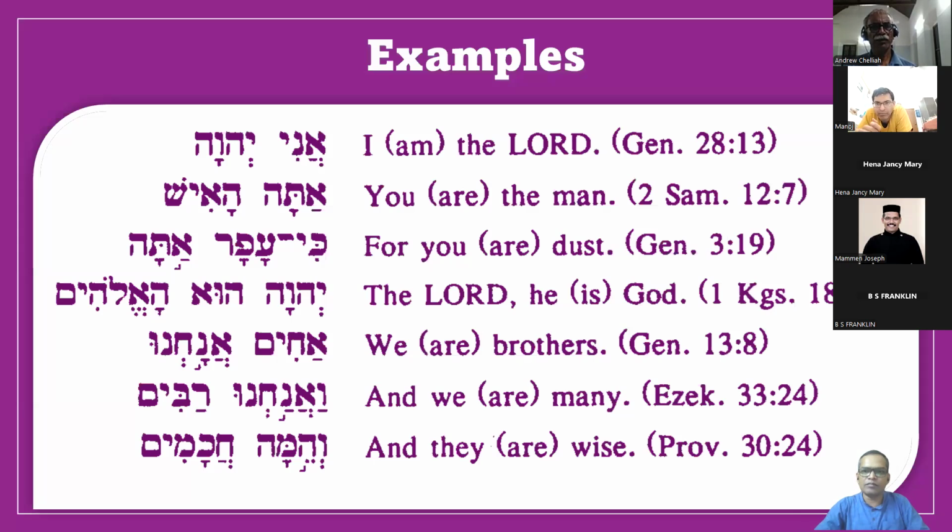And the implied meaning here is there is no other. There is none like me. I am the Lord. In some places, you will see that there is none like me or there is no one like me. But in some places, you will just see only these two words, Ani Adonai.